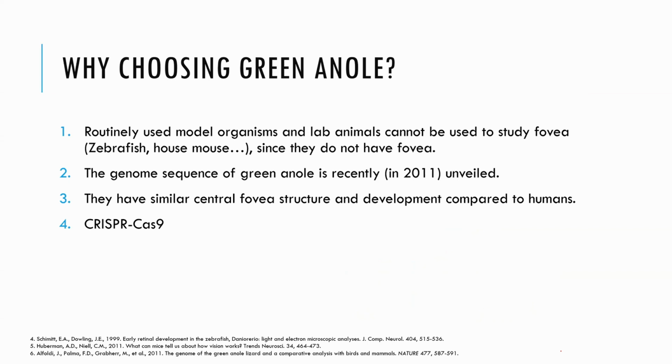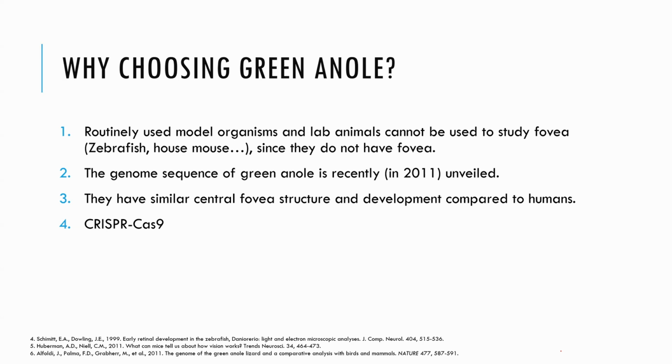So then people started to study fovea on animals such as primates, but primates have really low reproduction rate and they're not easy to manipulate. What is more important, they're really expensive compared to mice, zebrafish, and green anole. So we have to come up with a better model organism to study fovea.